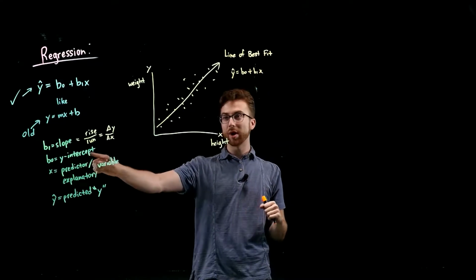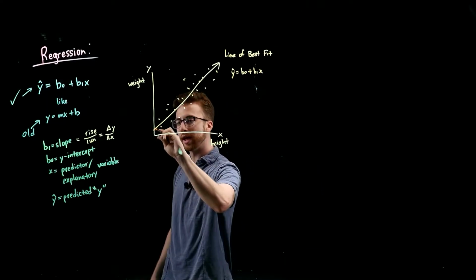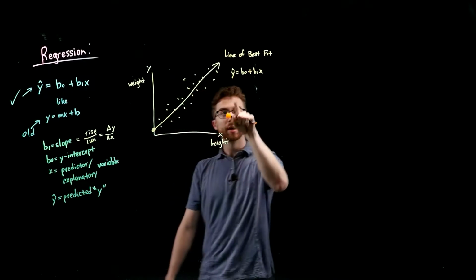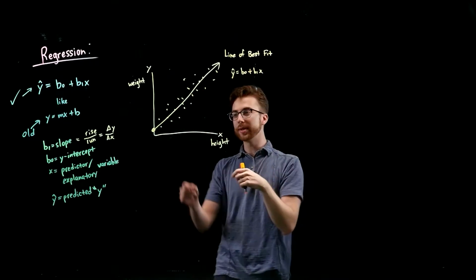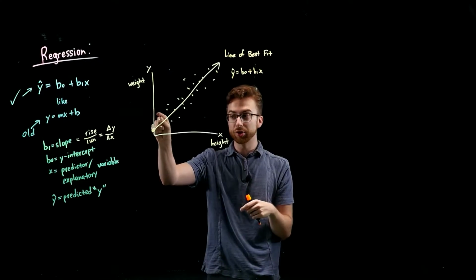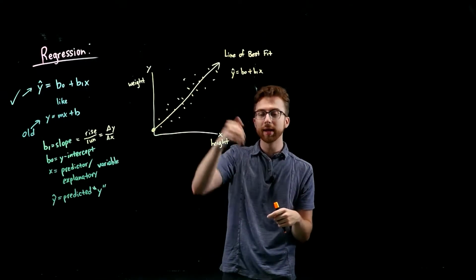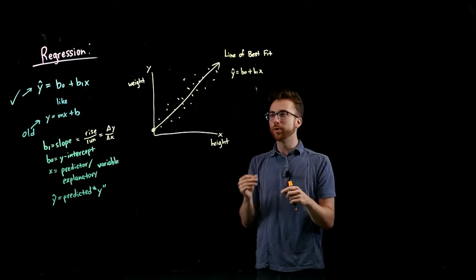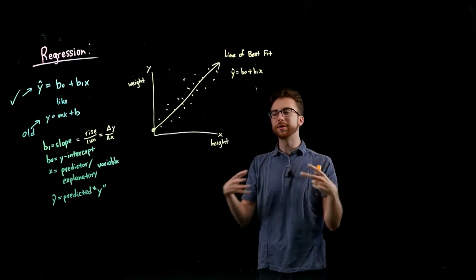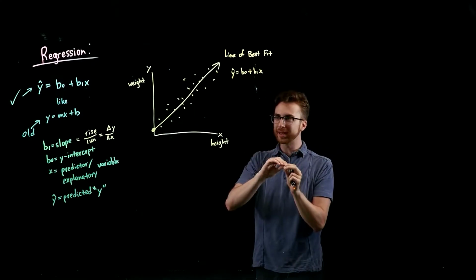So your b naught, that's your y-intercept, that's going to be whatever this is right here. Your b1, your slope, is going to be you go up by some amount, you go over by some amount, your rise over your run, that's going to be your slope as well. So it's just your line of best fit. It's just generally explaining the trend between x and y.